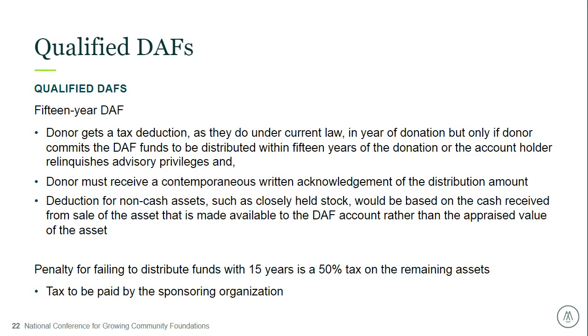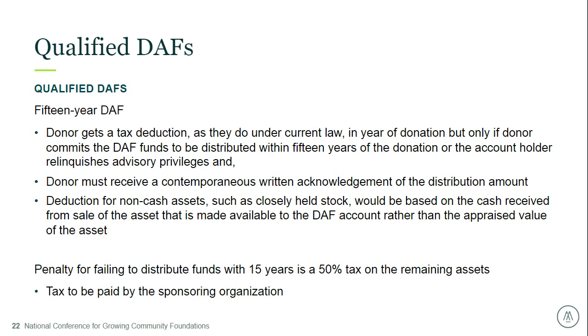In order to get a deduction for a non-cash asset, such as stock, it would be based on the cash received from the sale of the asset that's made available to the DAF account rather than the appraised value of the asset. And the penalty for failing to distribute those funds within 15 years is 50% tax on the remaining asset.